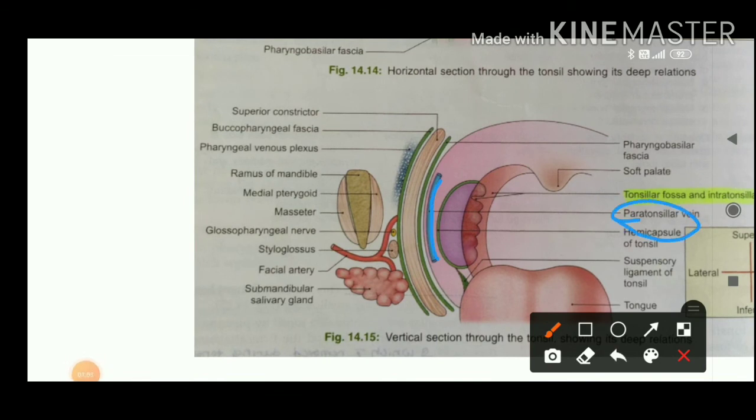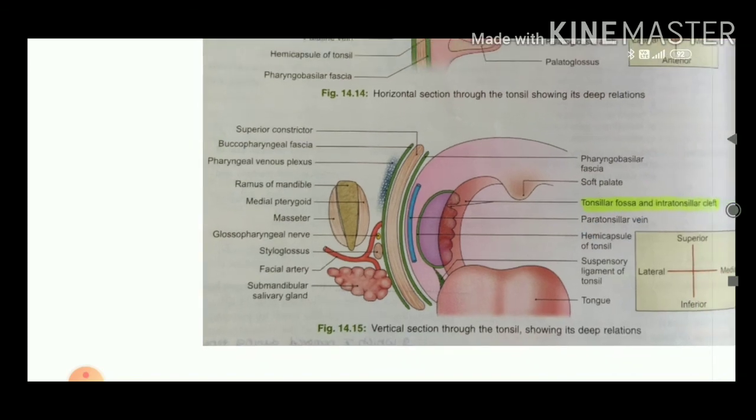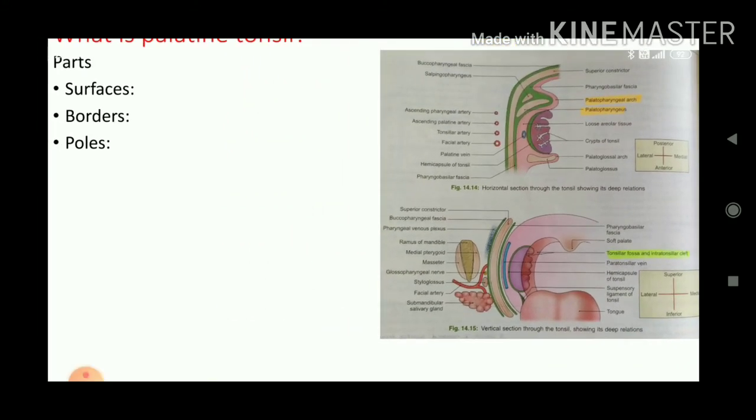So during tonsillectomy, this paratonsillar vein can be injured, and therefore care has to be taken. Okay, these are the two clinical significances of palatine tonsil. And again I say tonsillitis is basically the inflammation of palatine tonsil.